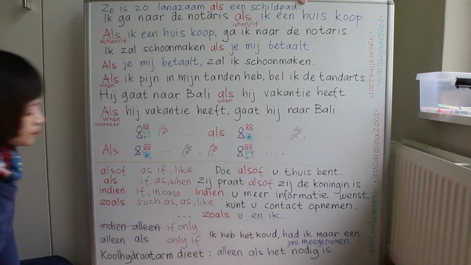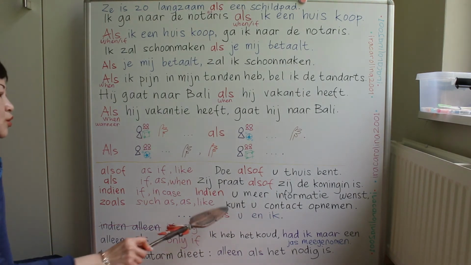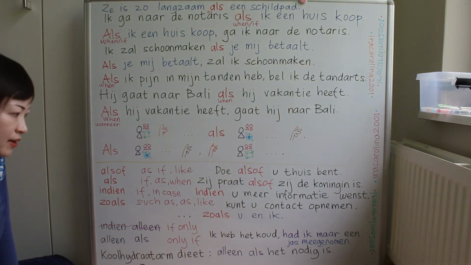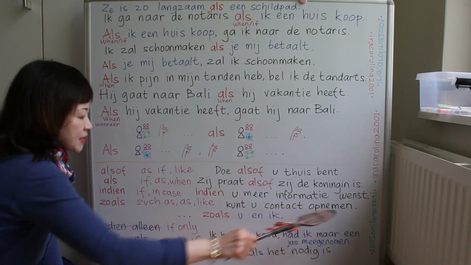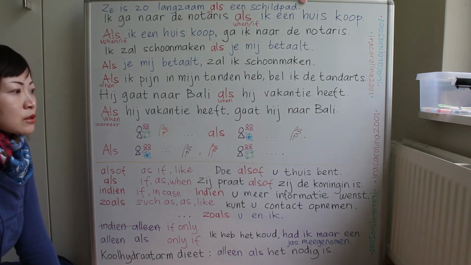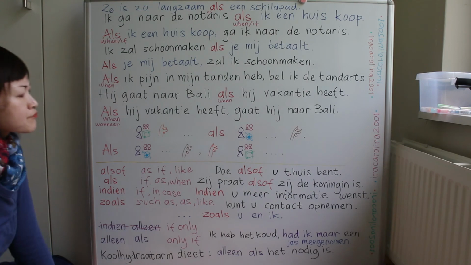Then comma, after comma, we switch. Kunt u, you can, contact opnemen. In this case, you have to use the opnemen.